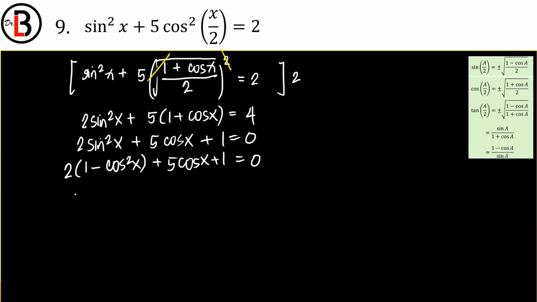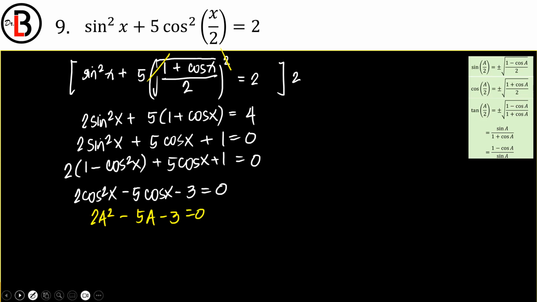So here, 2 cosine squared x minus 5 cosine x. So 2 plus 1 minus 3 is equal to 0. And then, similar to what we've been doing earlier, 2a squared minus 5a minus 3 is 0.